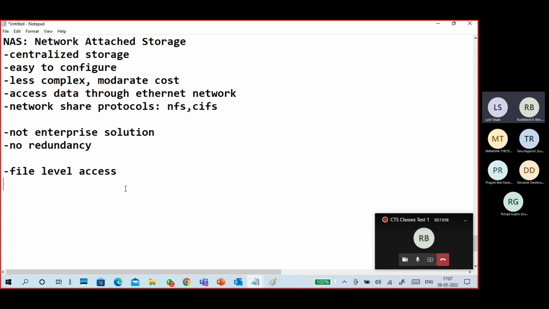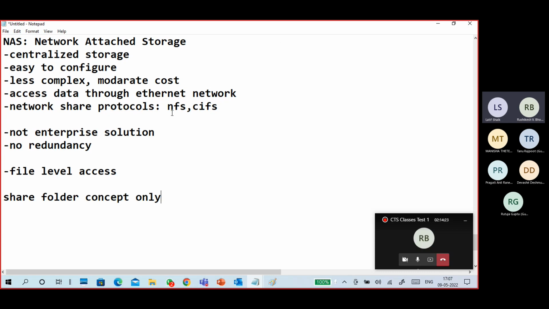Guys, it is simply a share. We made shared folders, right? It's the same concept, the shared folder concept. We access the shared folder. It is a kind of shared folder concept only.